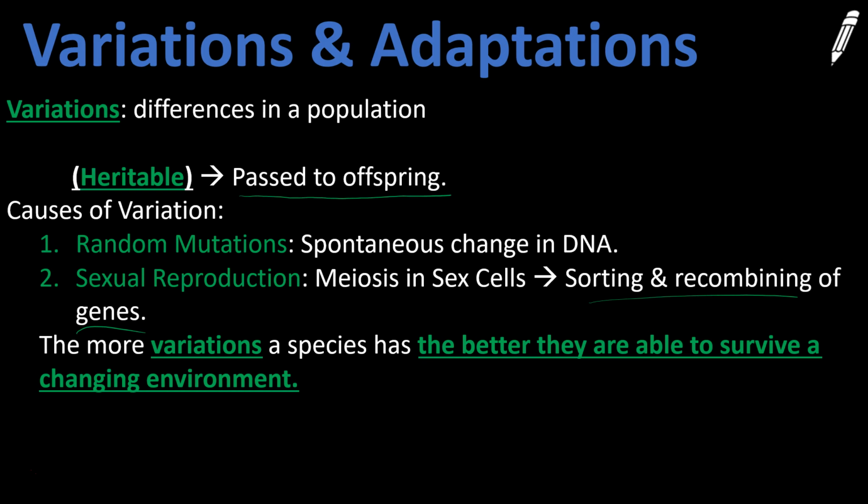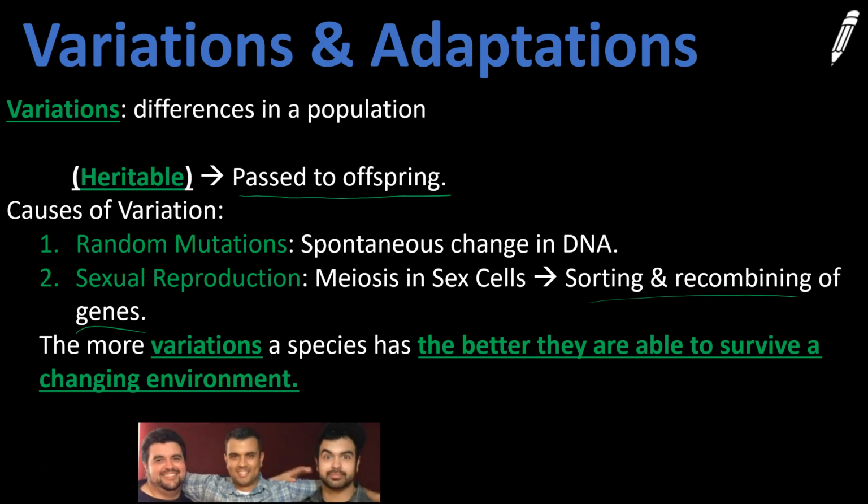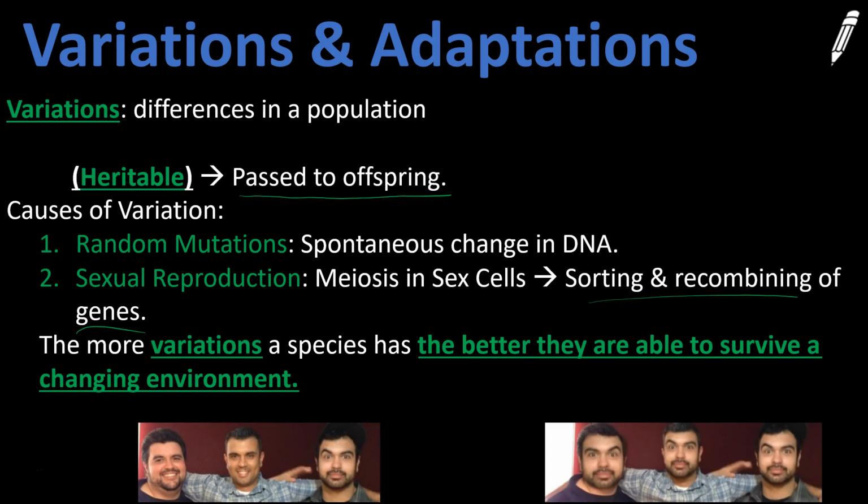So let me go back to this example. I showed you guys this when we went over meiosis. I said this is a picture of me and two of my siblings, and this is not a picture of my siblings and I. So why is this picture right here beneficial and this one not beneficial?